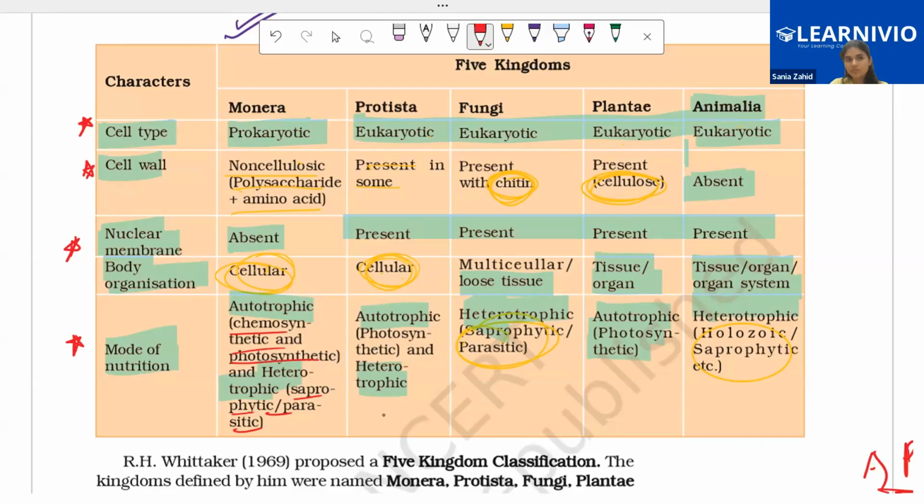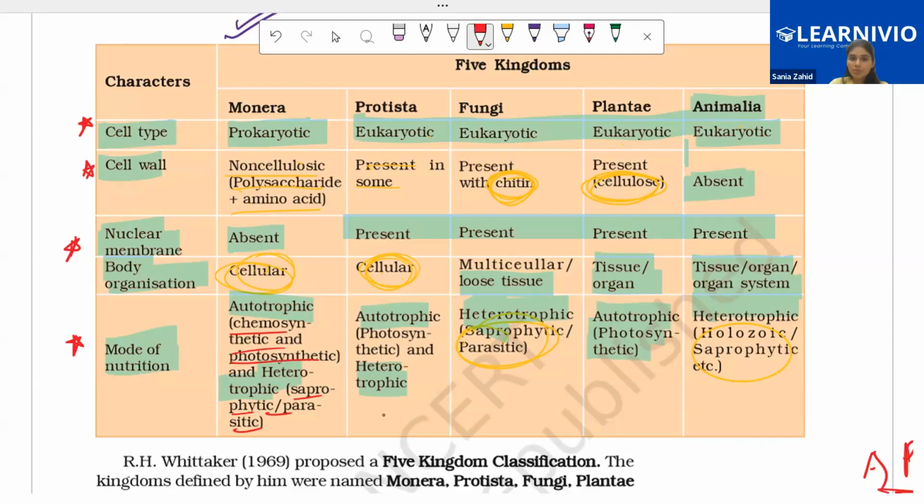Monera, it's unicellular, and Protista also unicellular, and fungi, it's multicellular, composed of loose tissues. They're not very complex tissues. They're very simple loose tissues. Then plants: tissues and organs. And animals: tissues, organs, and organ systems.